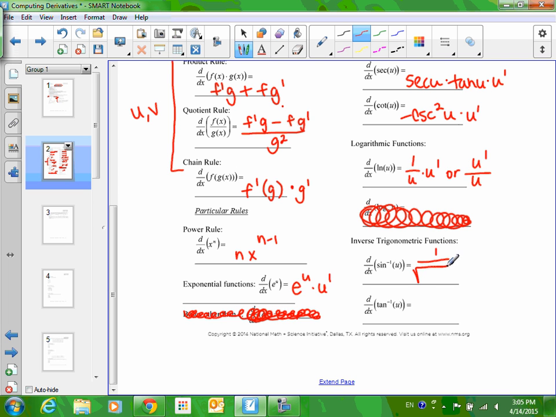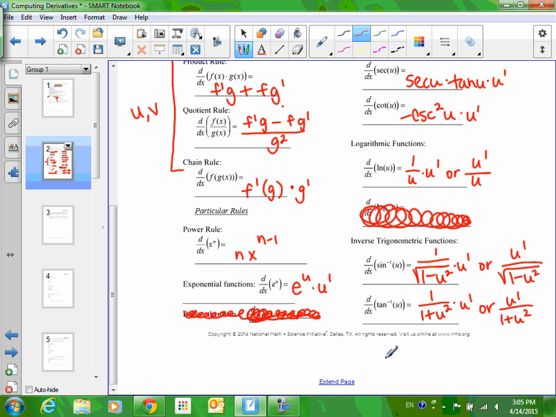Arcsine is 1 over the square root of 1 minus u squared times u prime, or you could write it with u prime on top. We've seen it both ways. You just got to make sure that u prime gets in there. Now that I've shown you arcsine, do you remember how arctan is different? Yeah, there's no square root and there's a plus. But the same idea.